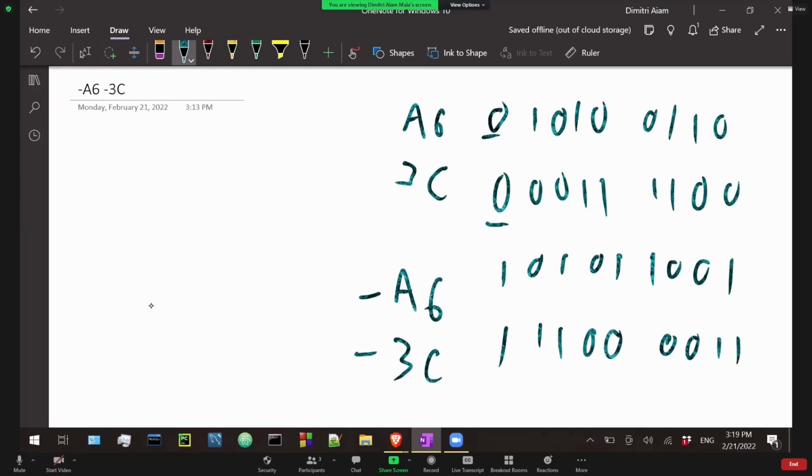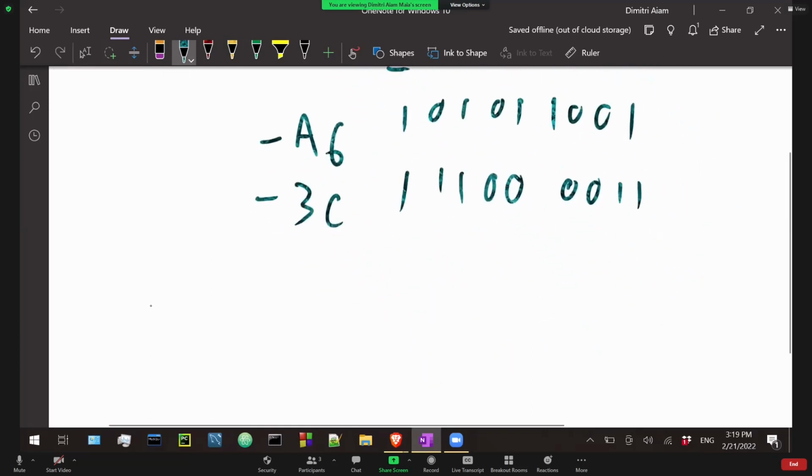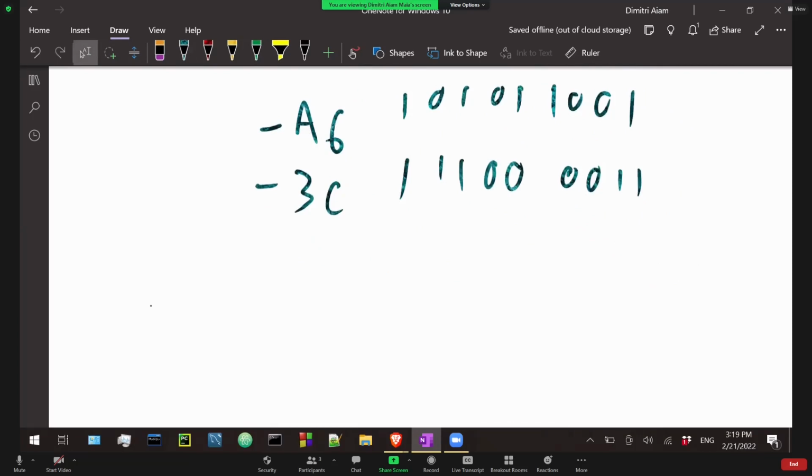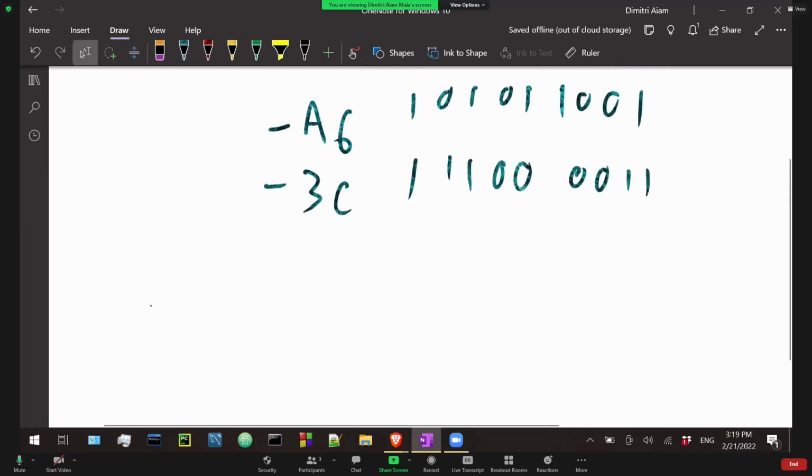I think we should use 8 bits just in case. I think the question in class was, would it be in 8 bits? And he said maybe. So I would do 8 bits because that's been the standard for the entire course as of yet. So definitely do 8 just in case.